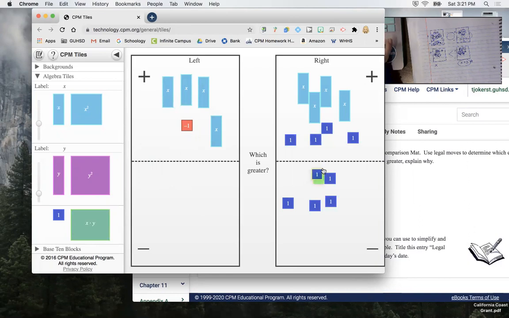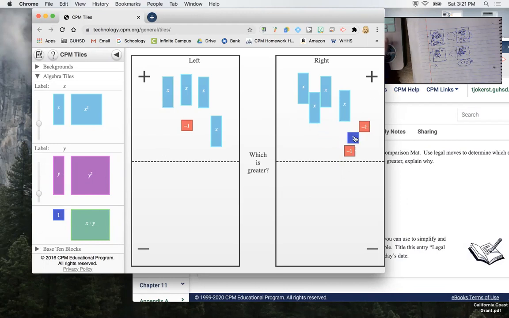Over here, I need to move and flip, move and flip, move and flip, move and flip, and last one, move and flip. Okay, so these cancel, pull them off, get rid of them. These two cancel, pull them off. These two cancel, pull them off.